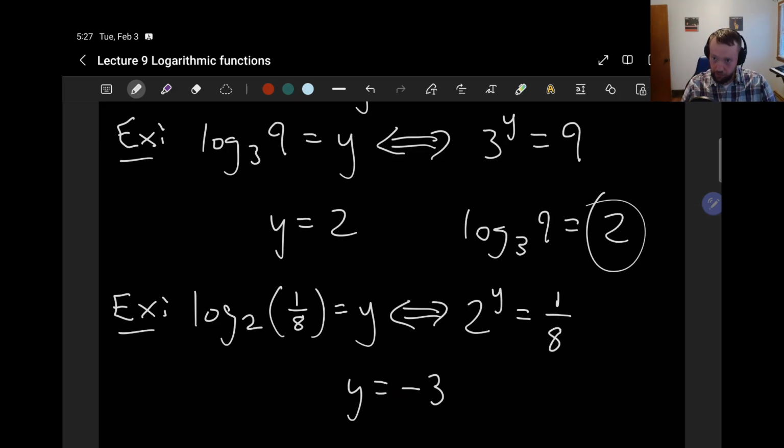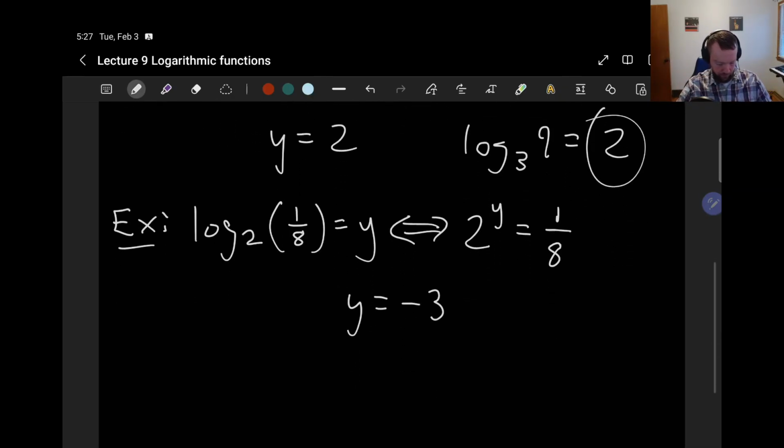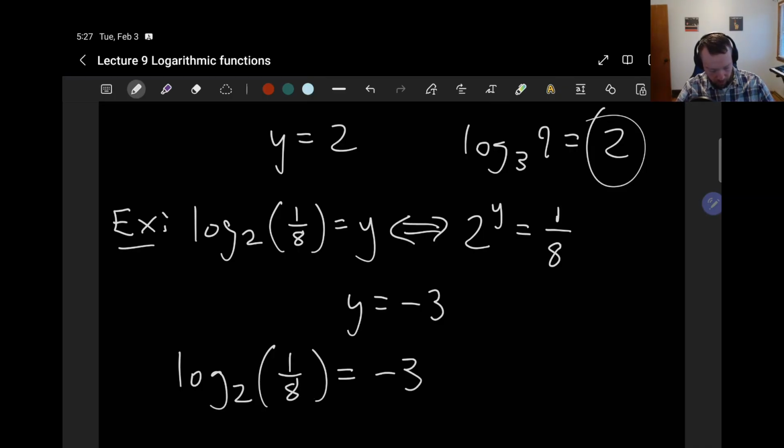Because if y were 3, then our answer would be 8, but instead it's 1/8. So that means it was just a -3 exponent. Therefore, log base 2 of 1/8 is -3.